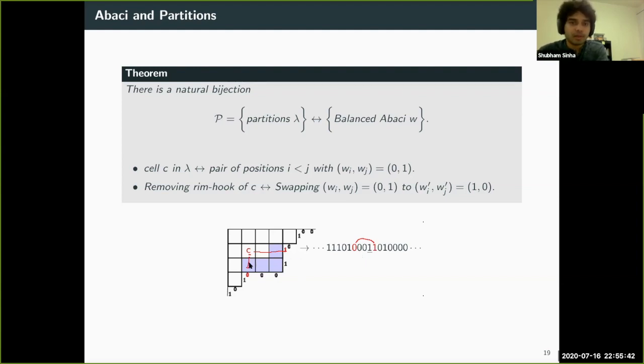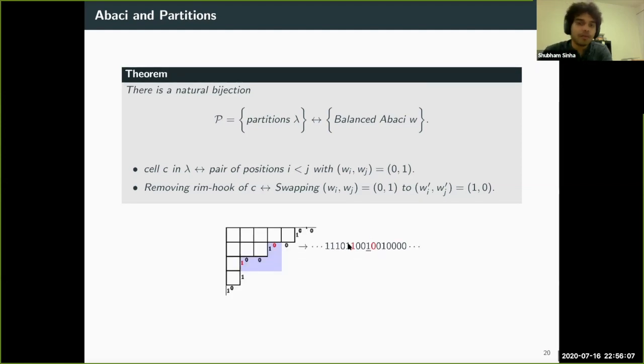Moreover, what is the hook length of the cell? In the abacus description, the hook length has a particularly nice form: the hook length is precisely the number of positions which occur between the 0 and 1. So it's the difference in position, which is in this case 4. As you can see, the size of the rim hook is also 4.